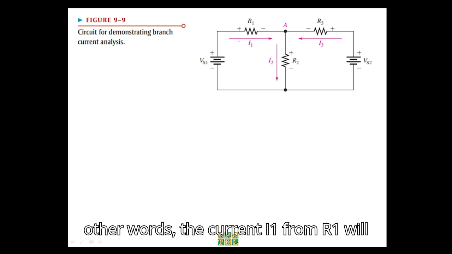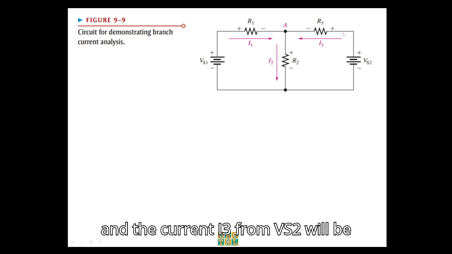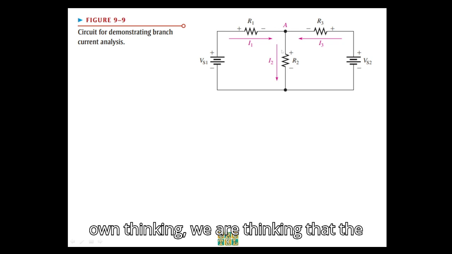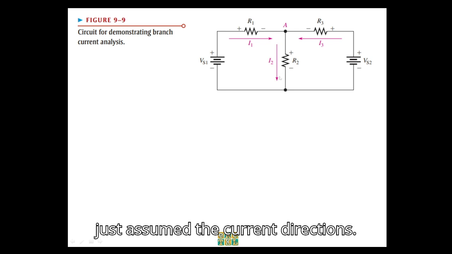In other words, the current I1 from R1 will be coming into A, and the current I3 from VS2 will be going into A also. A is our node. And in our own thinking, I2 will be going down. Again, these are just assumed current directions.